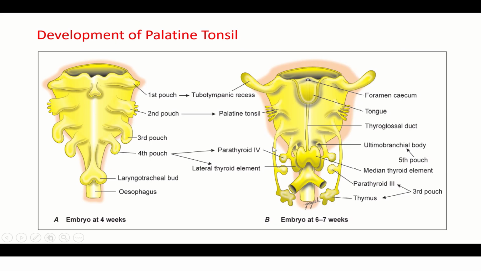The third and fourth just represent the number of the pouch from which they are developing. The third parathyroid develops from the third pouch, and the fourth parathyroid develops from the fourth endodermal pouch. But the fourth parathyroid is the superior parathyroid and the third parathyroid is the inferior parathyroid.